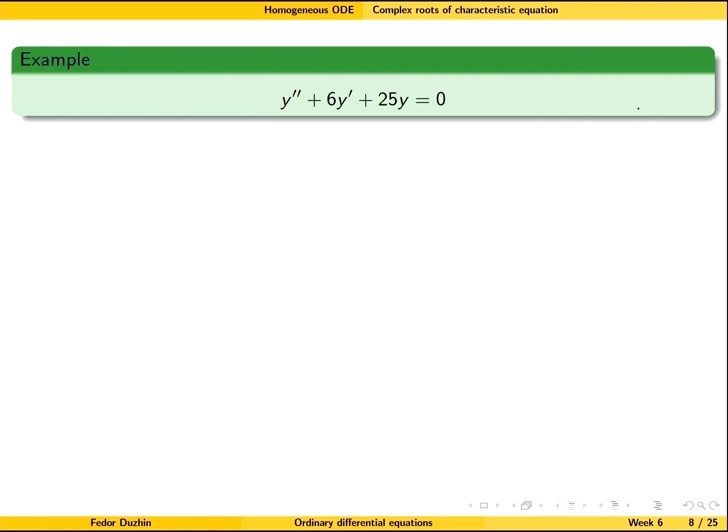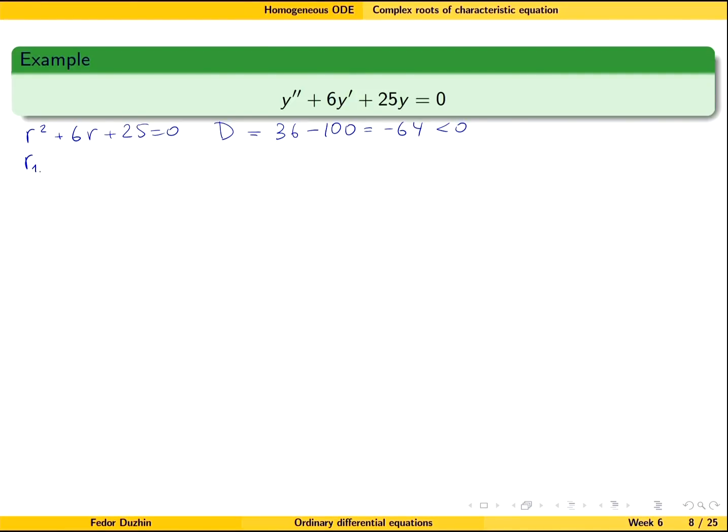To solve this, first we write down the characteristic equation. The characteristic equation is r squared plus 6r plus 25 equals 0. Then let's find the discriminant. The discriminant is 6 squared, 36, minus 4 times 25, so minus 100, which is negative 64. So we have a negative discriminant, which means that the roots are complex.